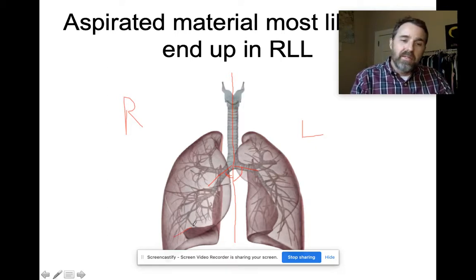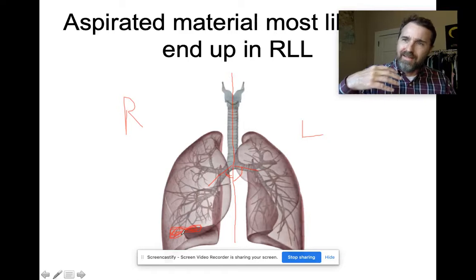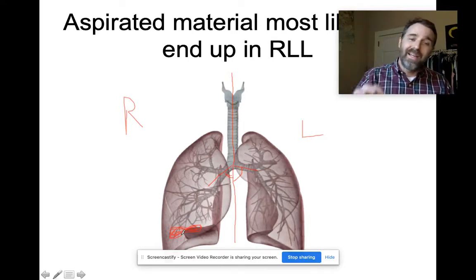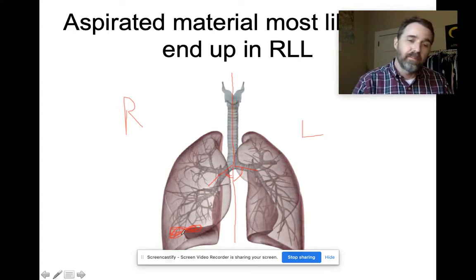So that means that if you have a swallowing disorder and you're aspirating food into your lungs, when we use the word aspirate, that means that food and liquids that you're trying to eat and drink are ending up in your lungs inadvertently. If that is happening, it's going to tend to end up in the bottom of the right lung.